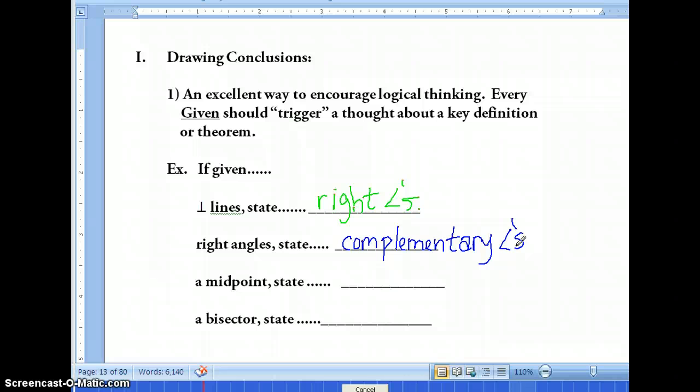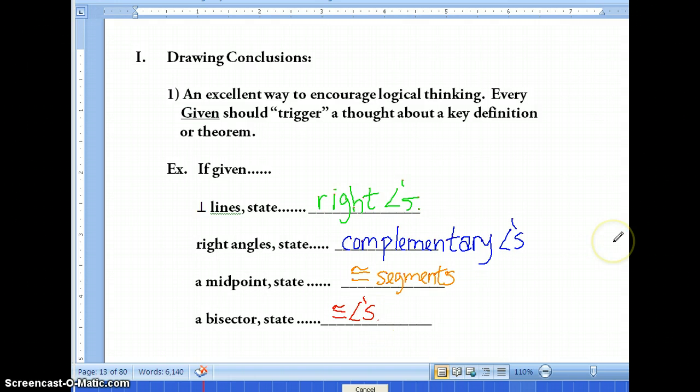If you are given a midpoint, what do midpoints give you? Midpoints give you the opportunity to state that you have two congruent segments. And another example, if you are stating or given that an angle is being bisected, then that is giving you the opportunity to state that you have a pair of congruent angles.